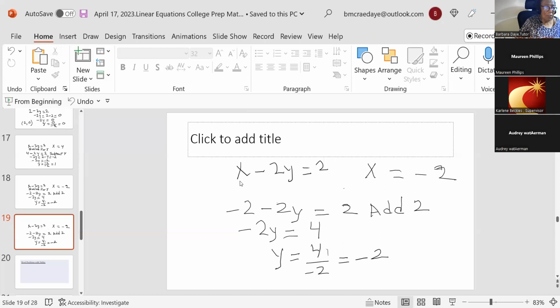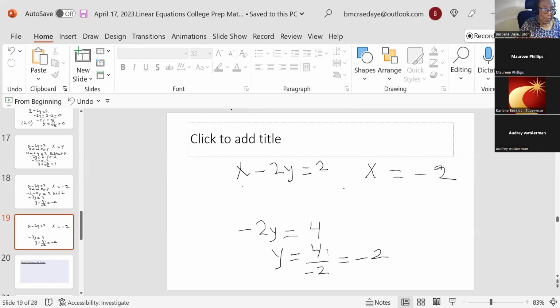Now we're solving for y, right? So I want to take it all out and then put all the steps in there, make it clearer. Okay, so let's just take the first one. Put the -2 in for the x. So let's substitute -2 for the x.